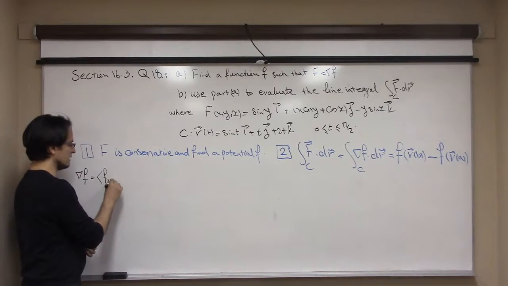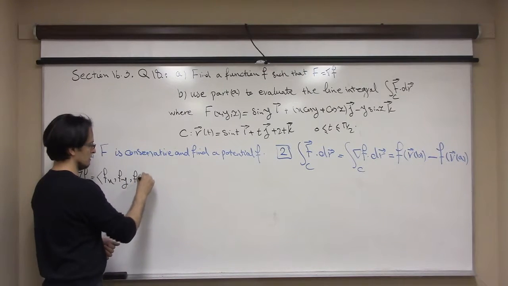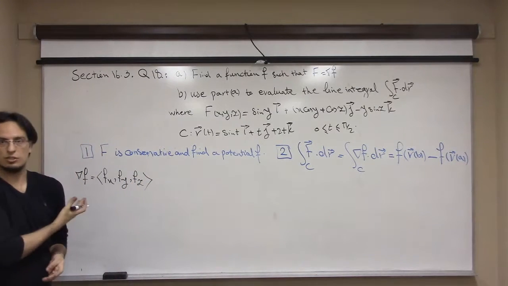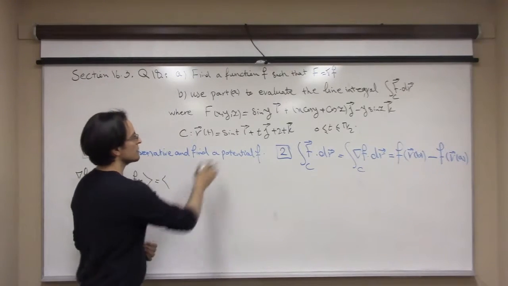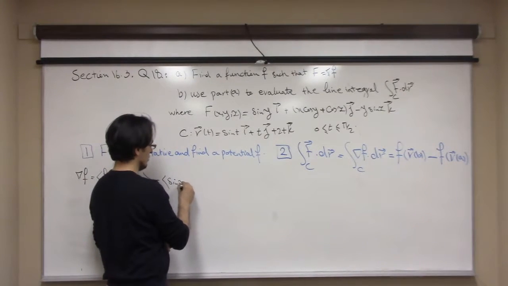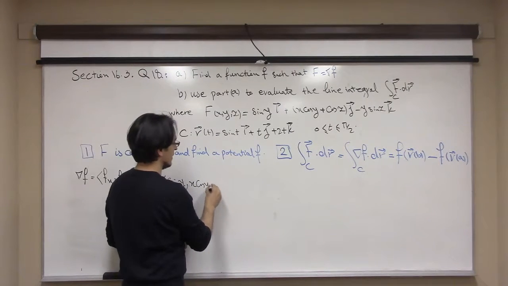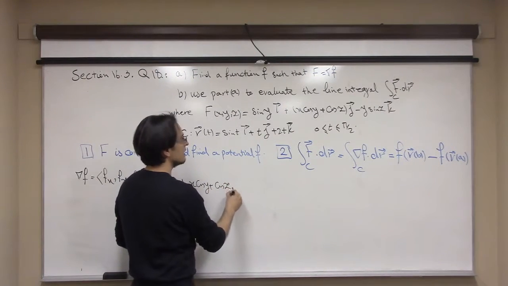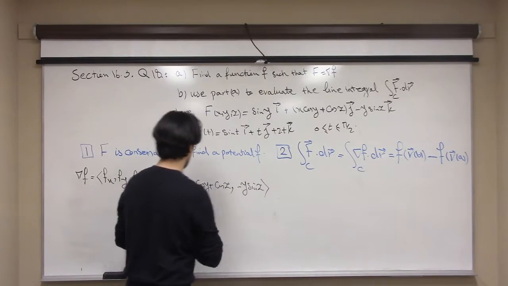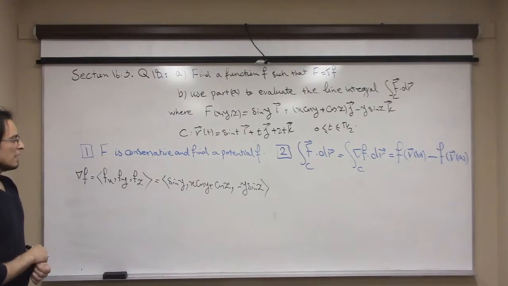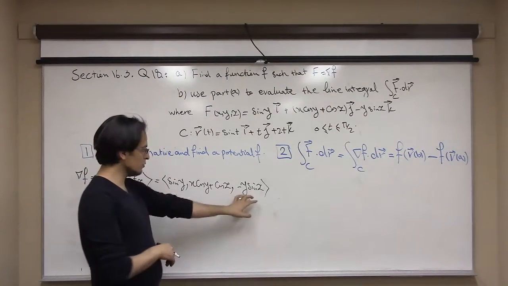And by gradient, we all know that this is the gradient of such a function, and it should be equal to this vector field: sine y, x cosine y plus cosine z, and minus y sine z. Okay, so I have to find an f such that this gradient is equal to that.